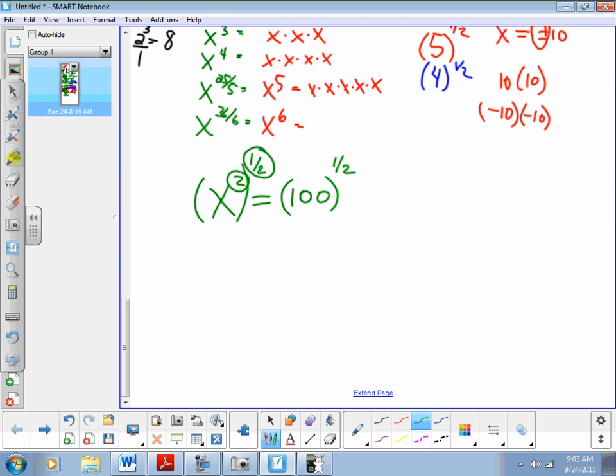Multiply them. What's 2 times 1/2? Yeah? And that just becomes x. And 100 to the 1/2 power is basically just square root of 100.